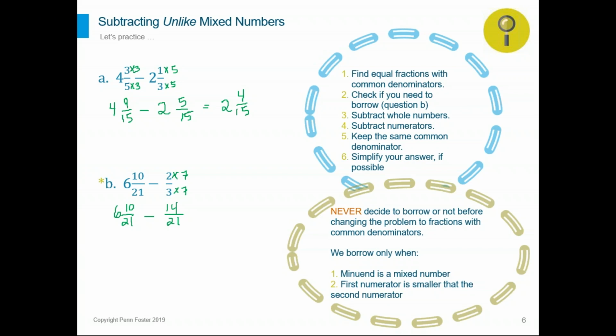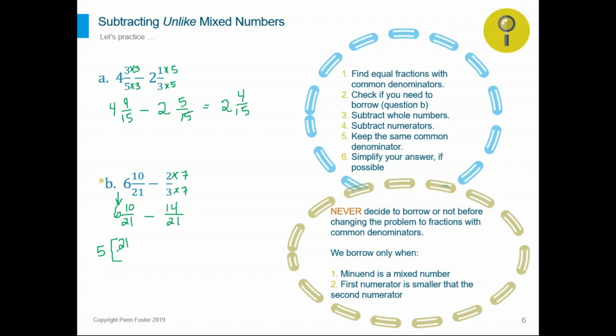How can we borrow? From where? We usually borrow from the whole number from the first mixed number. So we are able to borrow 1 from the 6. If the 6 will give us a 1 to use, then the 6 will become a 5. And then the 1 that we borrowed, we need to rewrite it as a fraction.